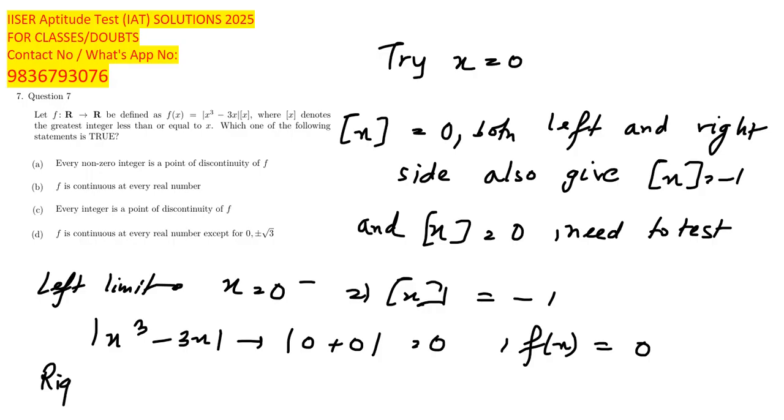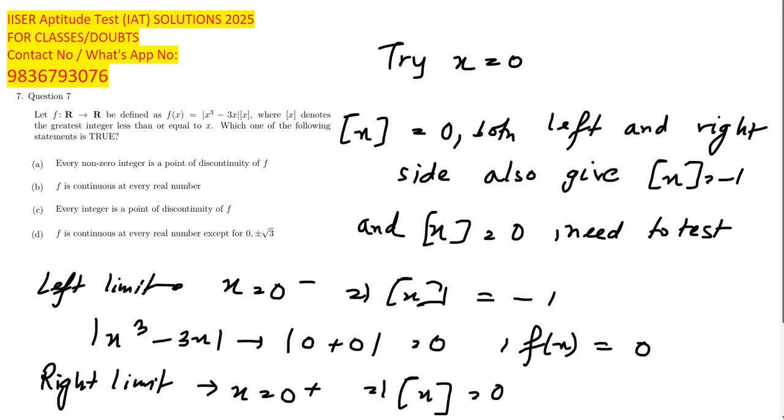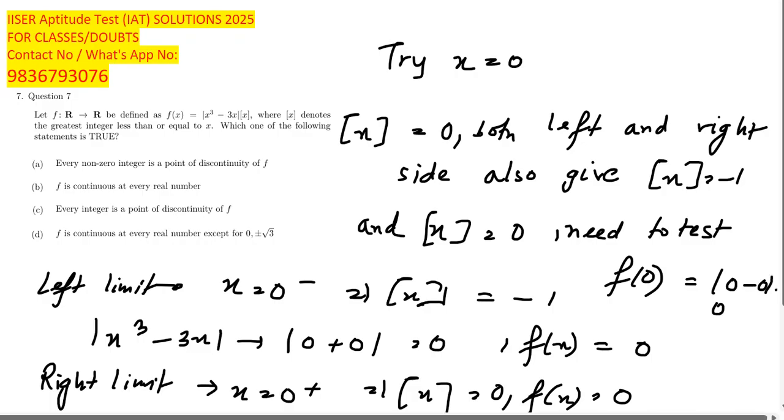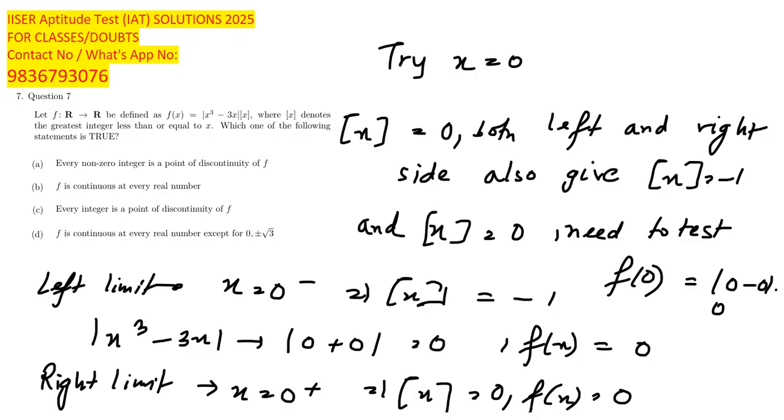And the right limit is also x = 0 and f(x) is equal to 0. So both sides 0, and f(0) is 0 multiplied by 0, continuous. So not every integer is a point of discontinuity. It is not, so this is also not.